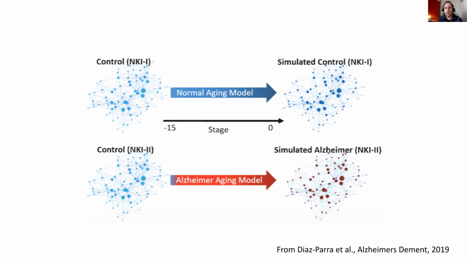And we formalized that. We created a computational model that describes this for all the different connections in the brain. And then what we did is we simulated this progression across 15 different stages.